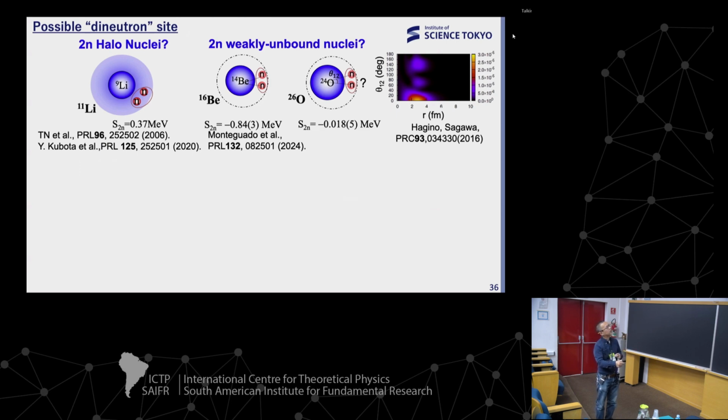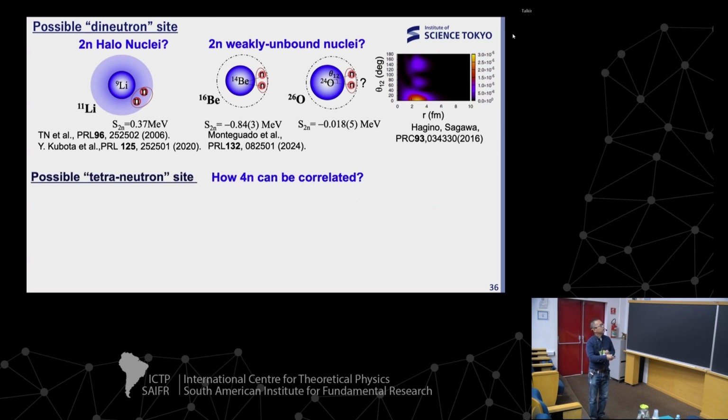We would like to measure it, but due to the stop of the calcium-48 beam at RIBF, we cannot go further, unfortunately. But Hagino and Sagawa actually predicted a very large probability for this dineutron correlation for this nucleus. So we'd like to see it.